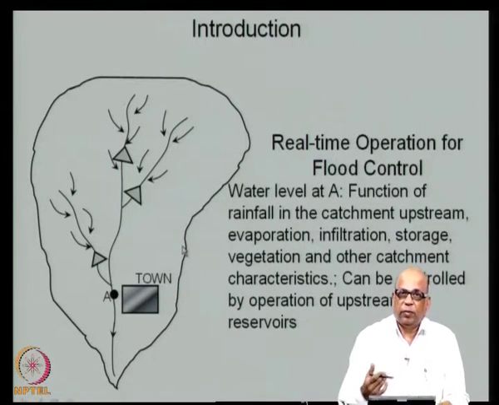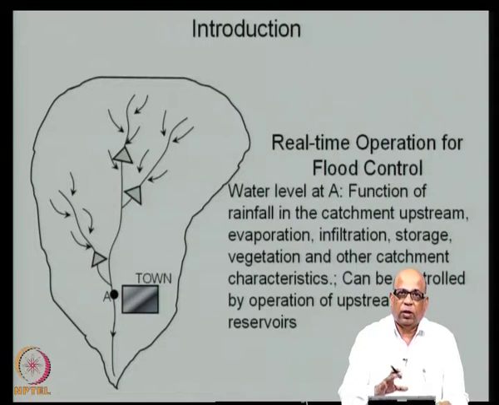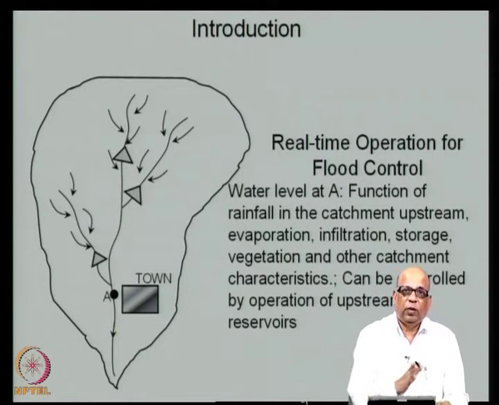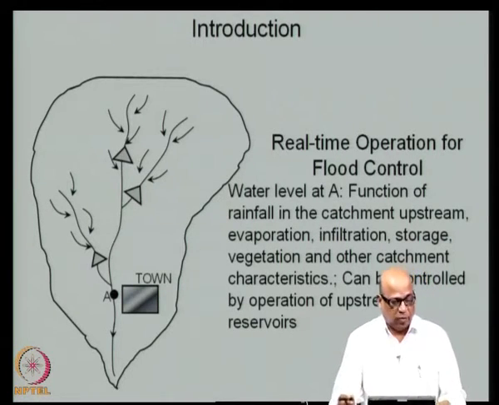So, to control the floods, you would like to keep the reservoirs empty. However, you need the water for the subsequent season. When the floods pass away, you need the water, and therefore, you also want to store the water. So, there is a conflict between water usage and flood control. This conflict we need to address in managing water resource systems, and this is what we do through systems techniques.